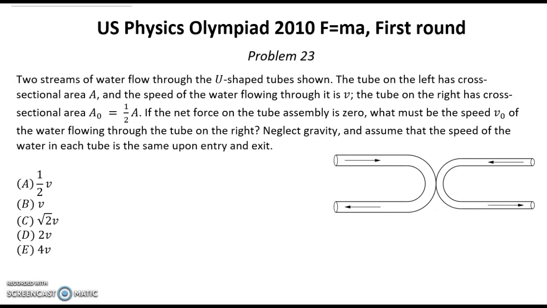The tube on the left has a cross-sectional area A, and the speed of the water flowing through it is V. The tube on the right has a cross-sectional area A0 equal to 1/2 A. If the net force on the tube assembly is 0, what must be the speed V0 of the water flowing through the tube on the right? Neglect gravity and assume that the speed of the water in each tube is the same upon entry and exit.